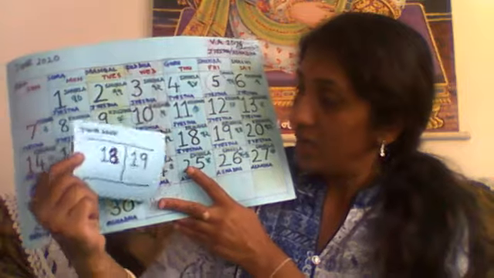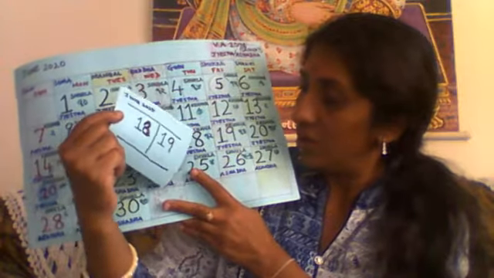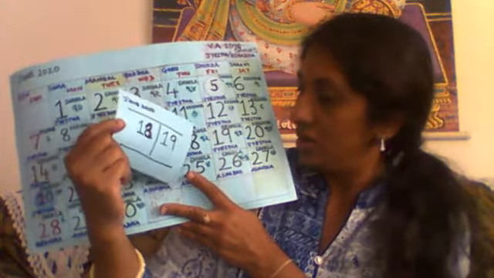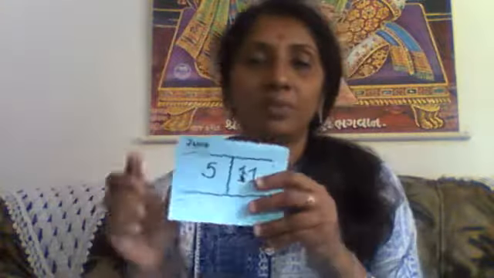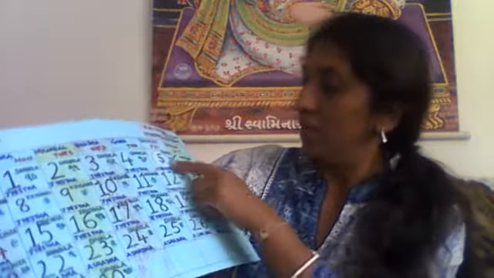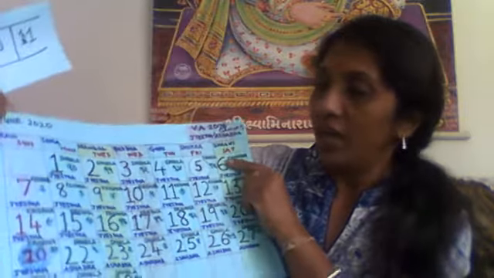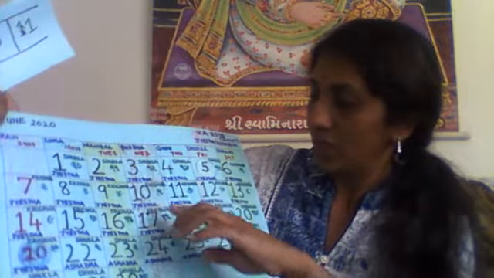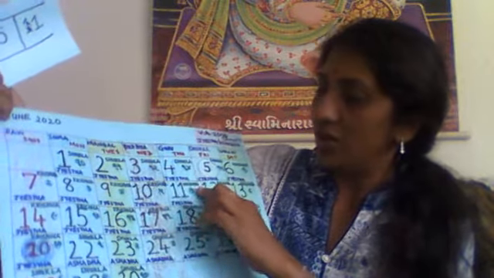Am I right? June 5th is Jyesht Shukla Purnima and June 11th is Jyesht Krishna Shashti.